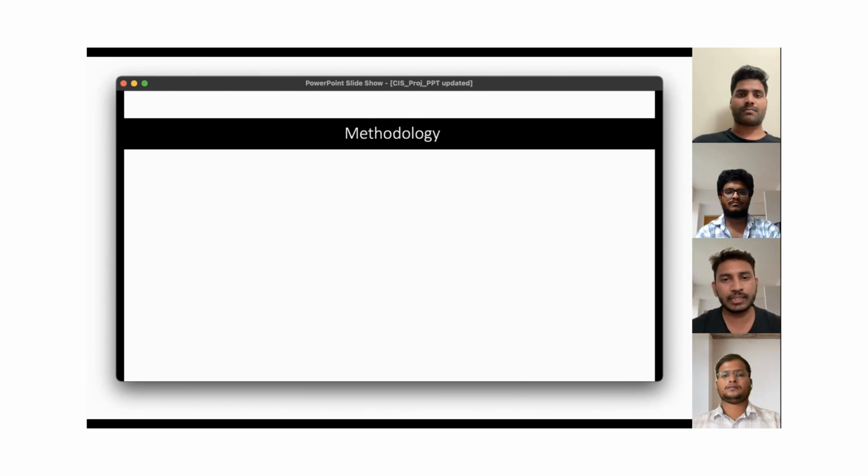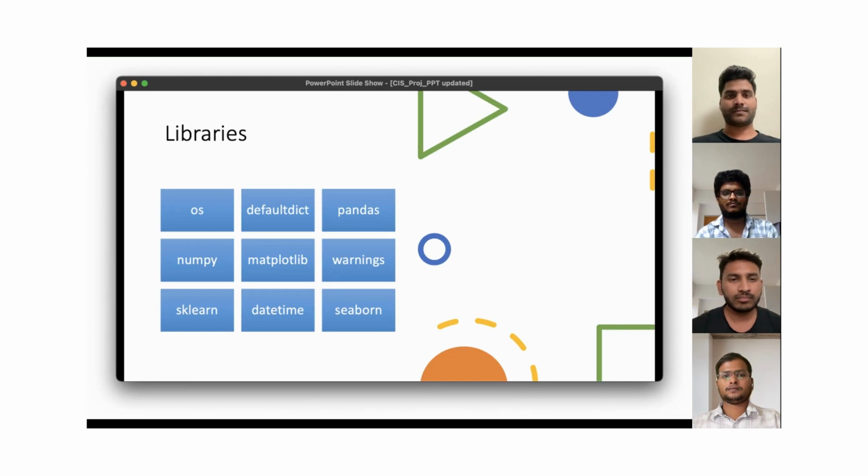And we split the data set into training set and test set in the proportion of 80-20. And in model training, we have used 6 models: naive Bayes, logistic regression, SVM, KNN, artificial neural network, and random forest. After that, we have model testing and then evaluation of metrics. That's all about the methodology.